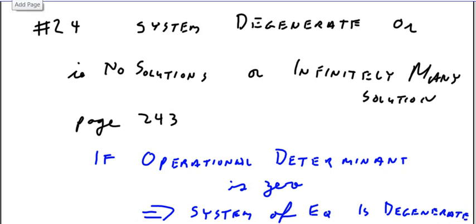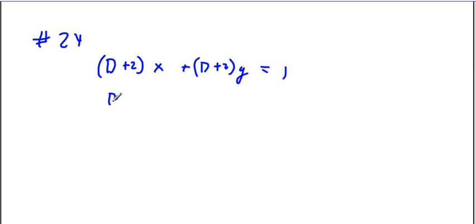Now we're going to do problem number 24. I have (D plus 2)x plus (D plus 2)y is equal to 1, and (D plus 3)x plus (D plus 3)y is equal to t squared. D means the derivative.